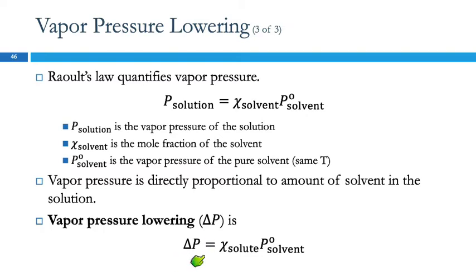Or the lowering of the vapor pressure is equal to the mole fraction of the solute times the pure solvent vapor pressure. Since we're trying to find out something about the solute, this equation is going to be easier to use. We could still use that one, but this one might be easier.